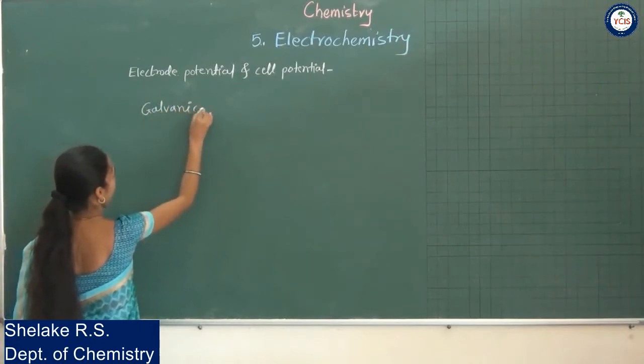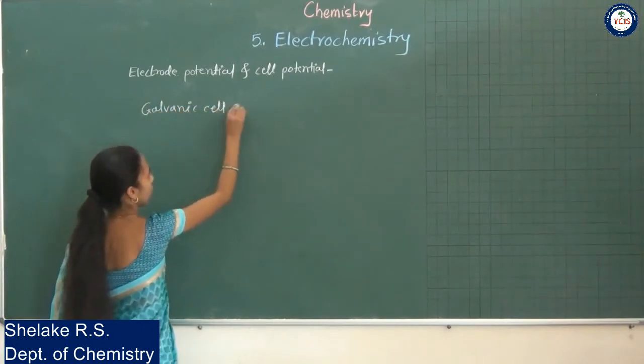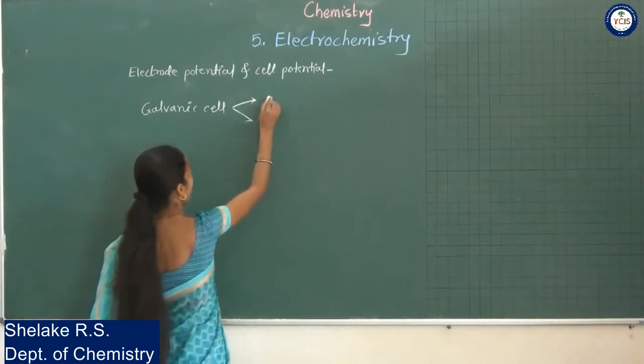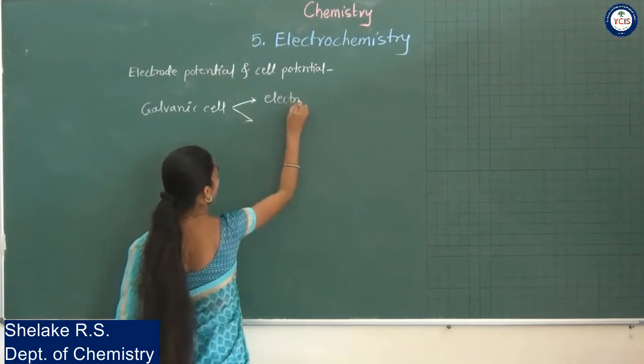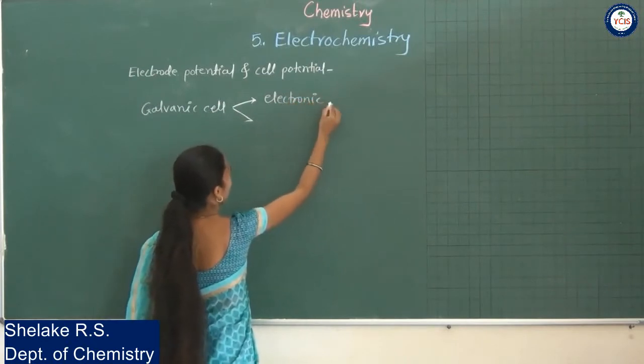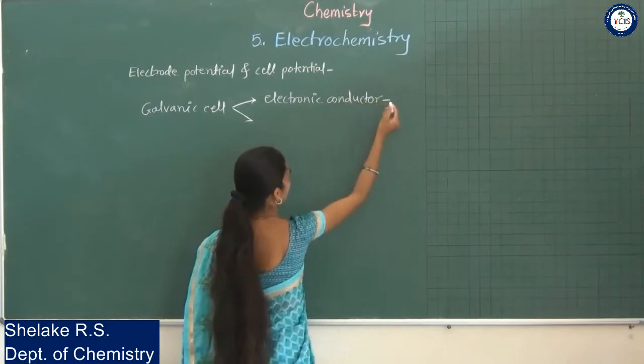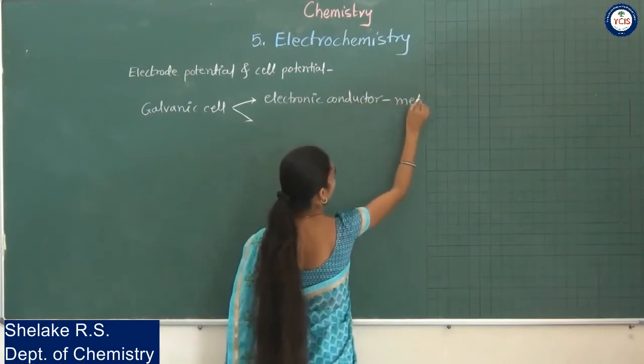galvanic cell consists of two conductors, or you can say two parts. The first is the electronic conductor, which is nothing but the metal plate that we use as an electrode.